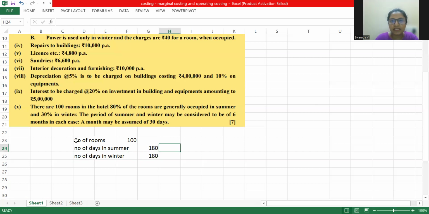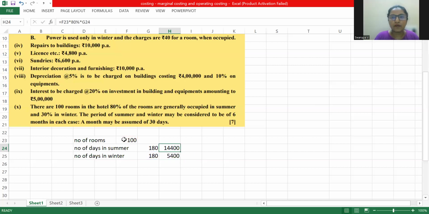Now during summer season, out of 100 rooms, 80% are occupied. So I have 100 rooms, and 80% are occupied throughout the summer. So throughout these 180 days, 80% of my rooms are occupied. And during winter, for these 180 days, out of these 100 rooms, 30% are occupied.